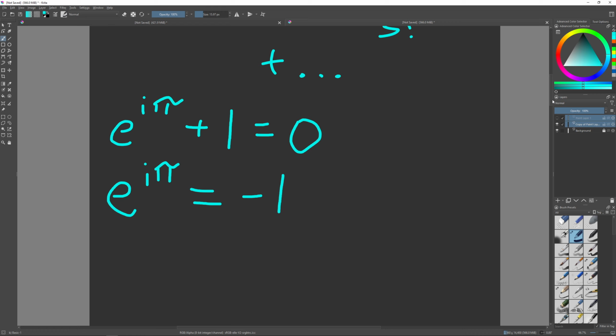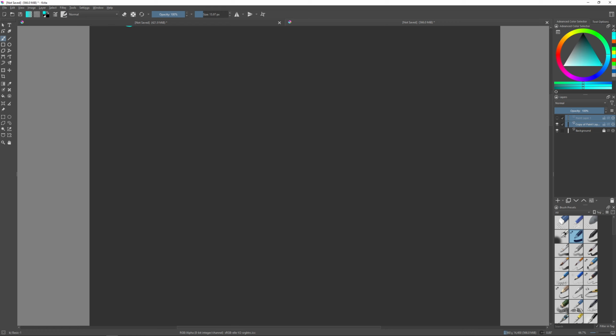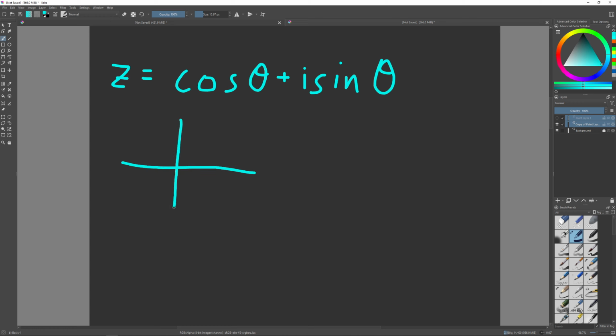Now, there's something before I start, which is more obvious, but it might look strange at first, that we can describe some complex number, z, with this setup right here. Basically, because we were looking at a coordinate plane, we were describing z as being somewhere in the complex plane.